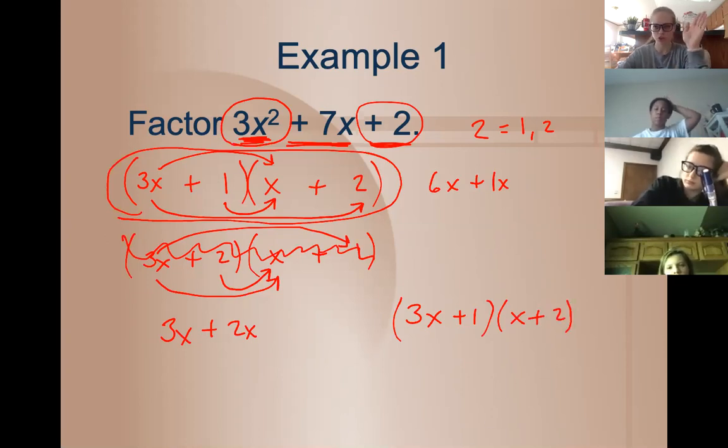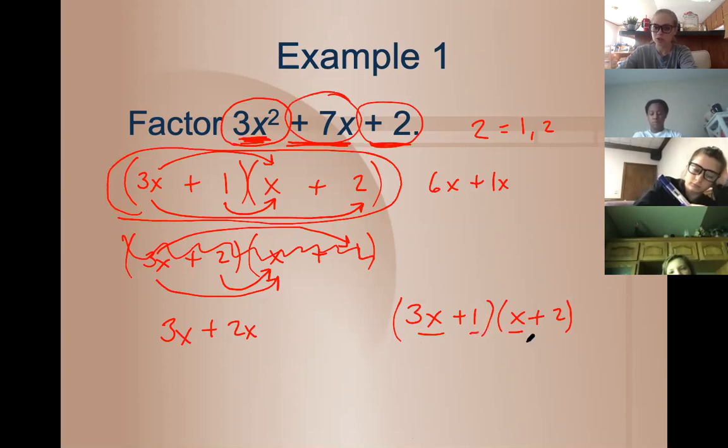So, okay, what changed? Well, my first two terms changed because now I'm having to compensate for a 3x squared instead of just an x squared. So I have to tag on a coefficient to one of them, which is going to change how I get to that middle term there.